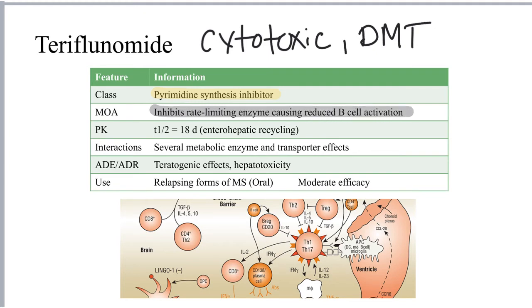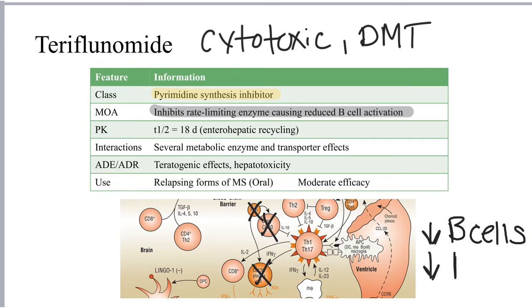And because this pathway is very important for the function, activity, and activation of B cells, the net effect of teriflunomide is a reduction in B cell activation. This decrease in B cell activation means less antibody production and less damage to myelin.